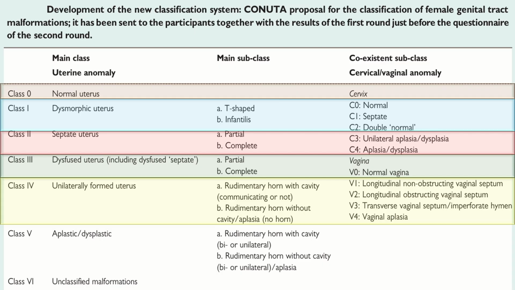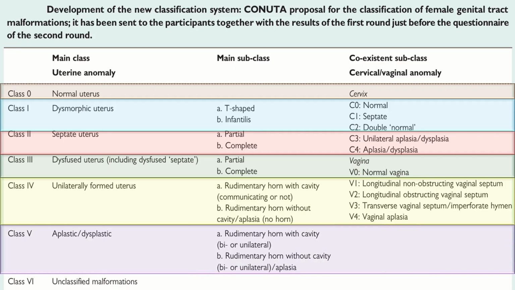V2 is a longitudinal, obstructing vaginal septum, and V3 is a transverse vaginal septum. V4 is vaginal aplasia. Class 5 includes aplastic or dysplastic uterus. The main subtypes are rudimentary horn with cavity, rudimentary horn without cavity. Class 6 is the one which is unclassified malformation.